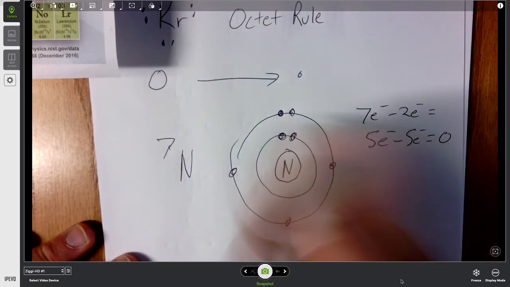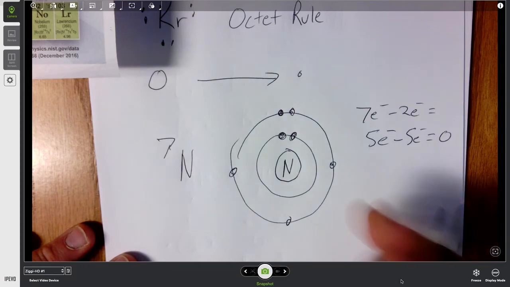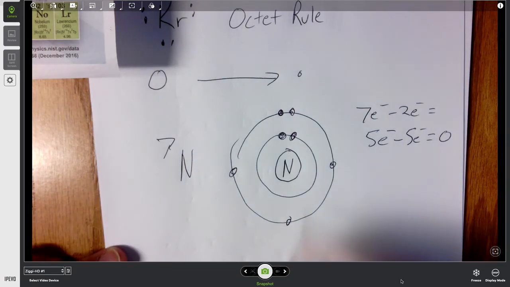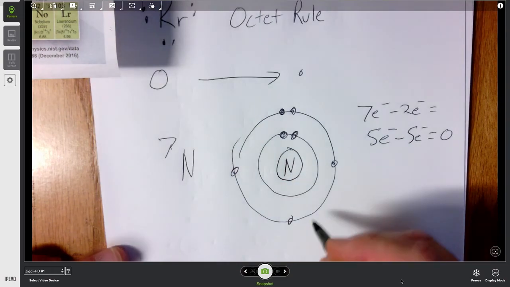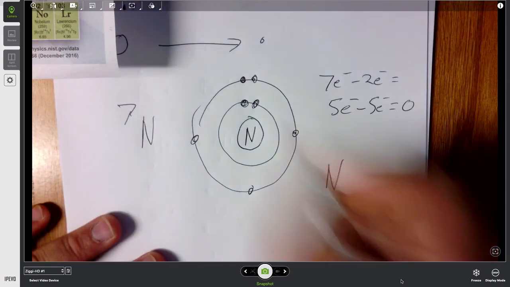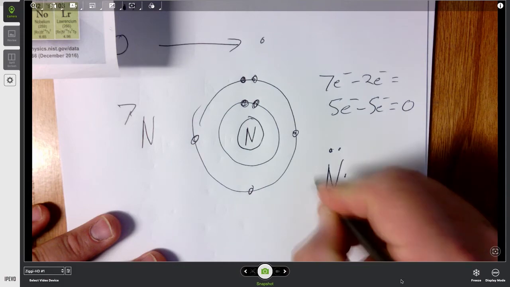So whatever ring that has electrons is its valence on the outside, furthest from the nucleus. So if you look at this Bohr diagram, and then you look at what the Lewis dot diagram looks like, you can see where we got the dots at.